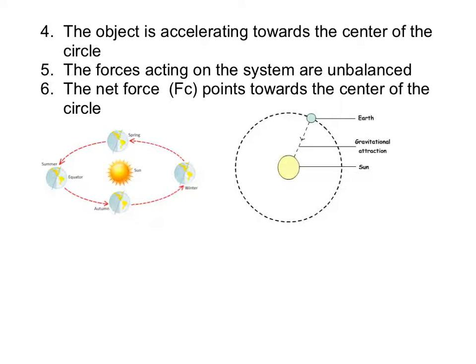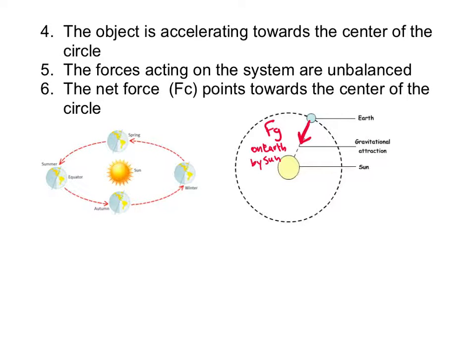Here we're going to take a look at the Earth and Sun system again. Now we have the velocity of the Earth. It's tangent to the circle that it travels in. If we were to draw a force diagram about the Earth, the only thing that we would see is this force of gravity on the Earth by the sun.